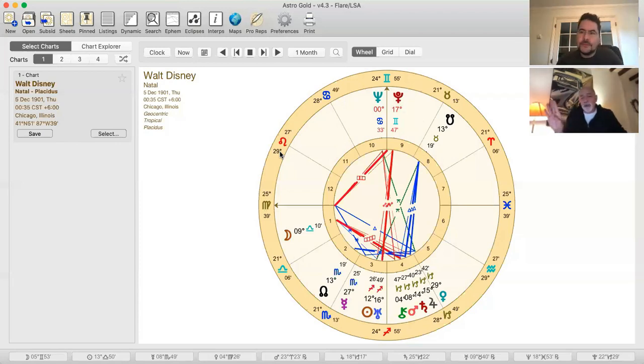I don't think that the relocation chart ever takes precedence over the natal, but it will let us know how the new place will receive us. Is it going to bring out something productive, or is it going to kind of sit on us? Is the new place going to welcome us, repel us, or do nothing?